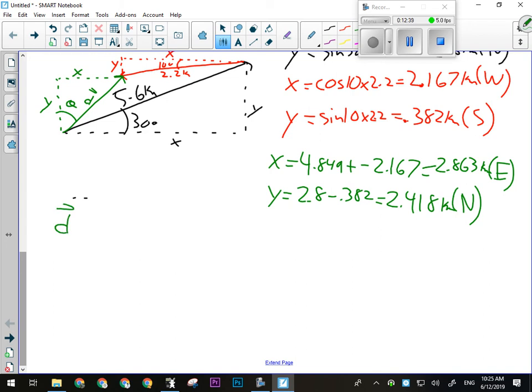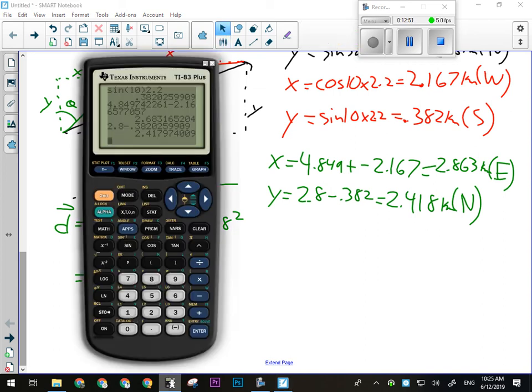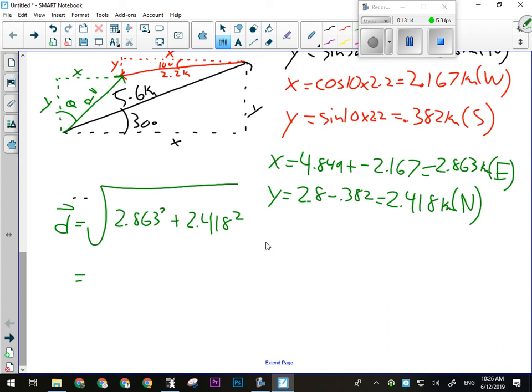Our magnitude of our displacement will be the square root of 2.683 squared plus 2.418 squared. So my resultant's 3.61 kilometers.